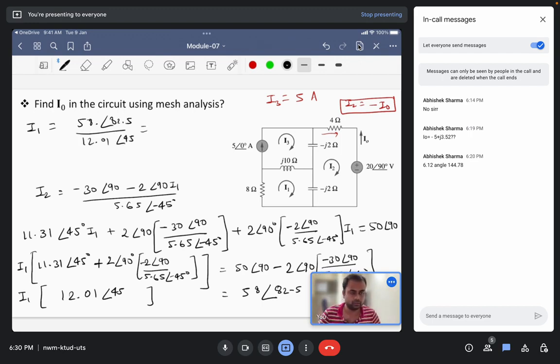So I1 comes around 58.58 angle 82.5 divided by 12.01 and angle is 45. So 4.83 angle 37.5 is I1.